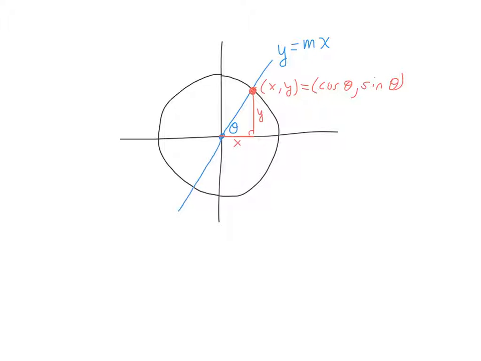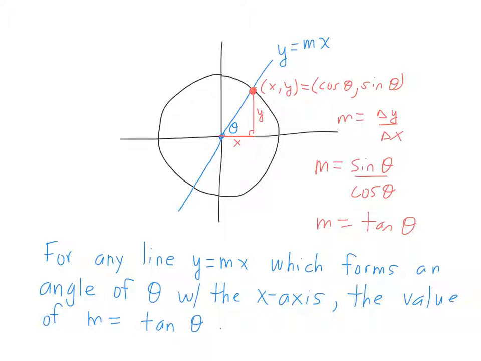And since slope is change in y over change in x, our slope here of this line can be represented by sine of theta over cosine of theta. Well, that's really the tangent of theta. So let's write this out and summarize it. So for any line y equals mx, which forms an angle of theta with the x-axis, the value of m, which is our slope, would be the tangent of theta.